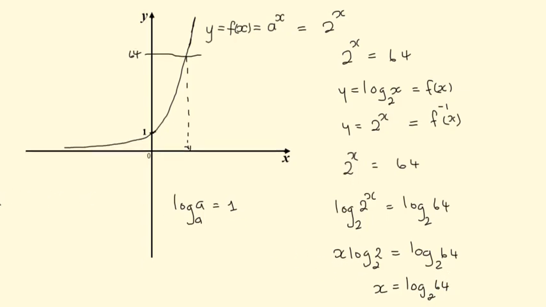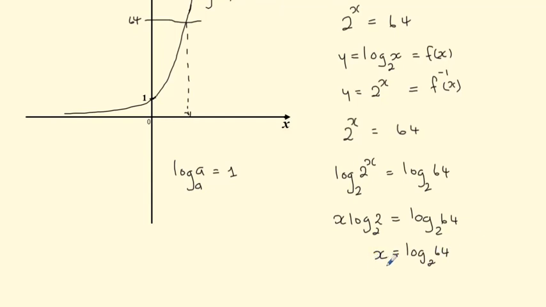If you have this, you have practically solved the equation for x. You can leave it like this in terms of logarithm if you are not asked to calculate it to any decimal places.